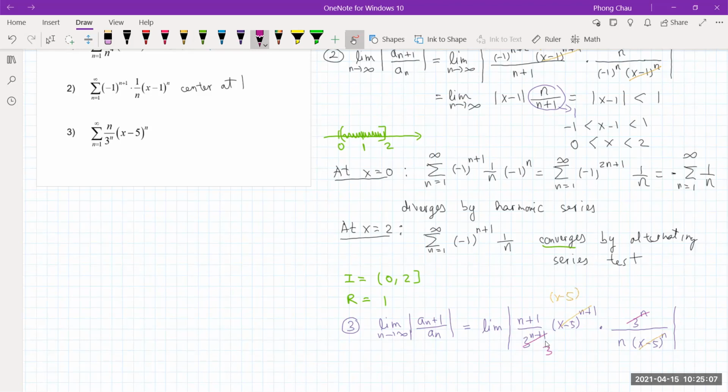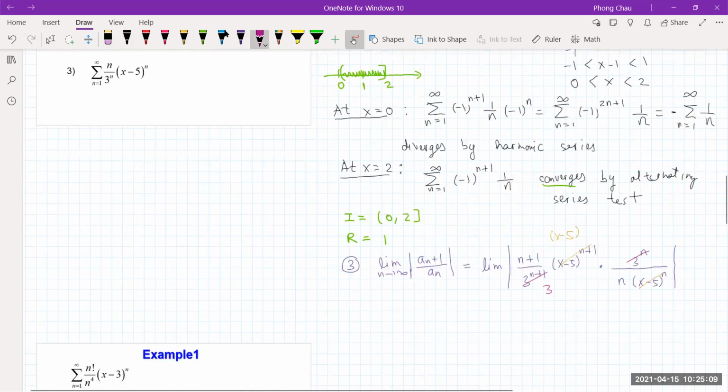After we simplify, we have a limit as n approaches infinity of n plus 1 over 3n, times the absolute value of x minus 5.